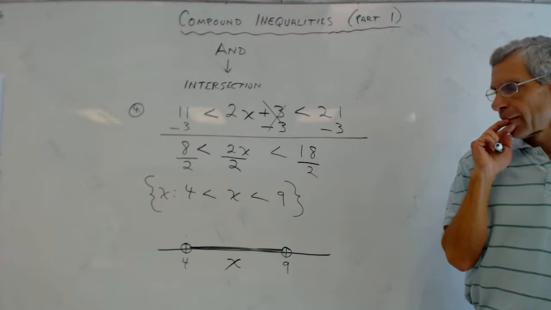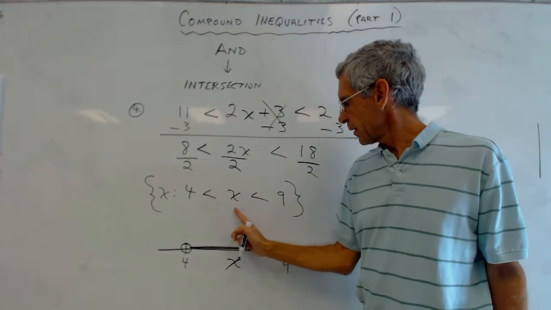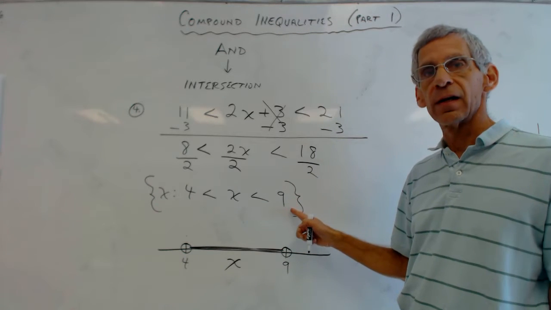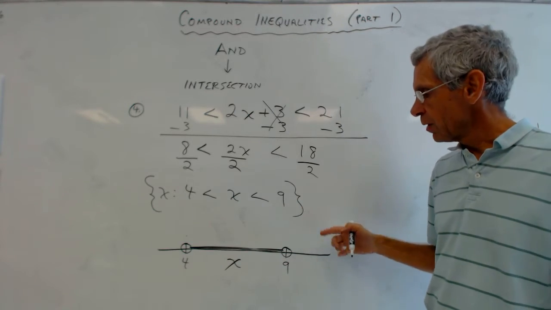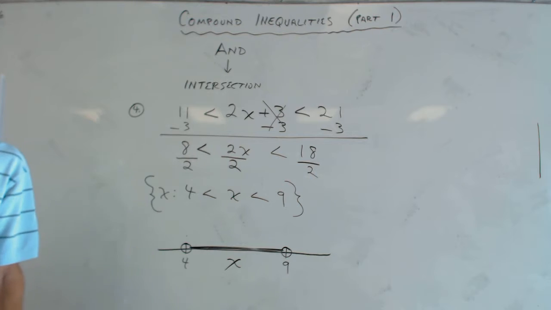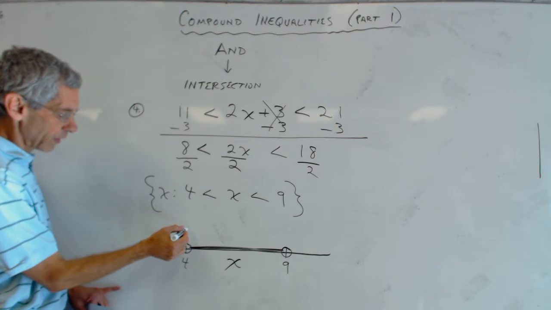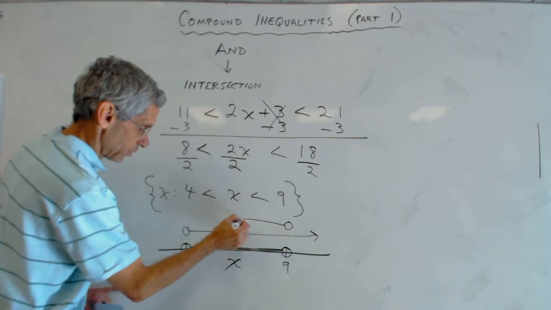Wait, but how is that intersecting? Because x is greater than 4 and less than 9. See what I'm saying? If I had graphed it, I could have graphed it like I did the first one, when I had them separate. And then you would have seen one is this way, and the other one is this way.